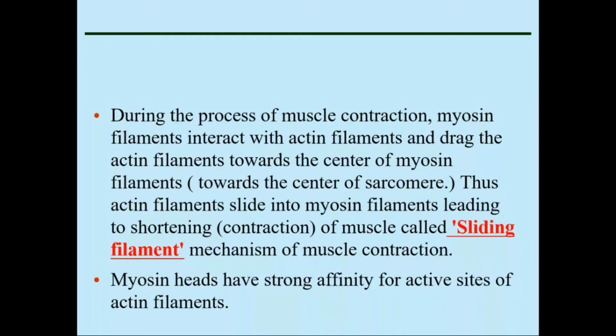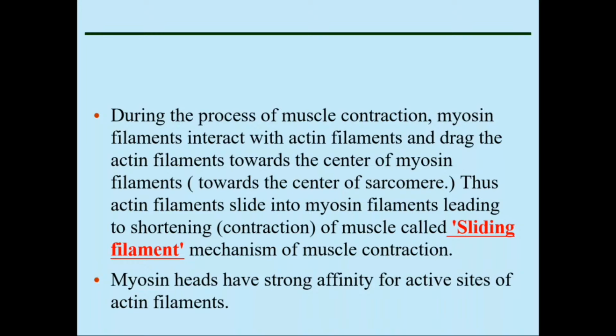So the muscle achieves shortening by pulling the actin filaments on either side towards the center of the myosin filament, and that is how the length of the sarcomere is going to reduce, and when the length of all the sarcomeres reduces, it reduces the length of the muscle, that is, the muscle actually contracts. Thus, actin filaments slide into the myosin filaments, leading to shortening or contraction of muscles, and this is called the sliding filament mechanism of muscle contraction.